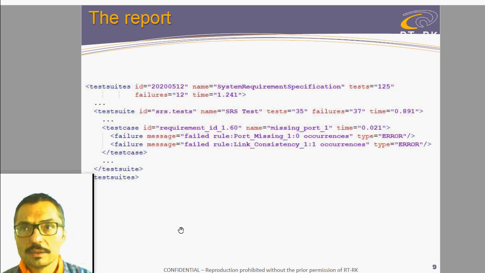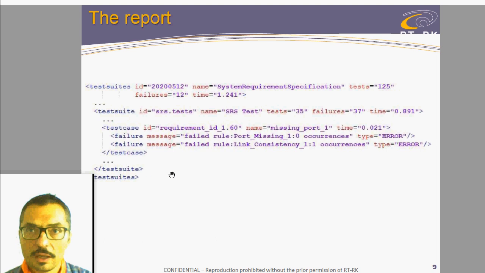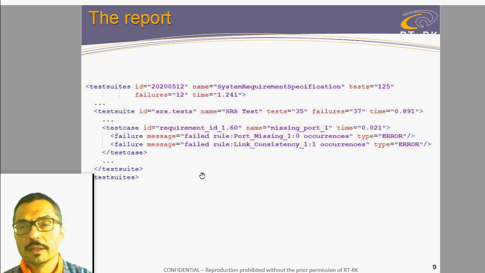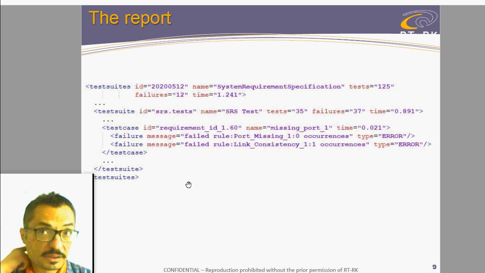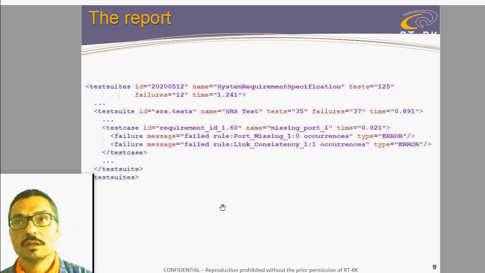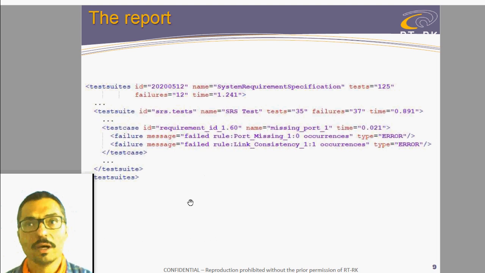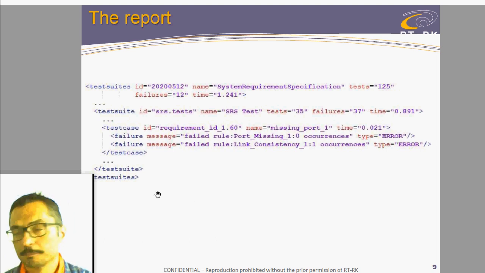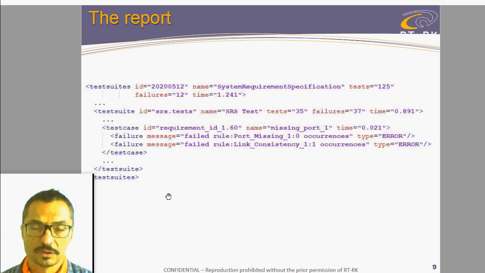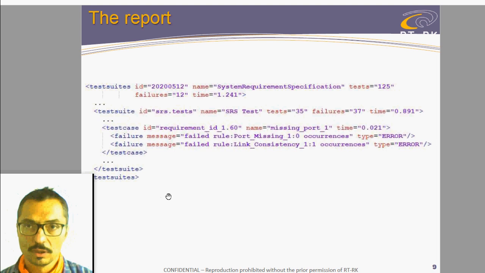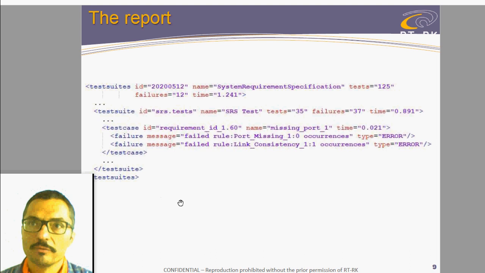What's in there? You can see that there is the ID of the requirement, which can be extracted and directly connected to the requirement. There is the list of failures with messages. Only failures are here. There can also be passing tests, but that way we would have thousands of messages, and we could not see the important ones from the less important.